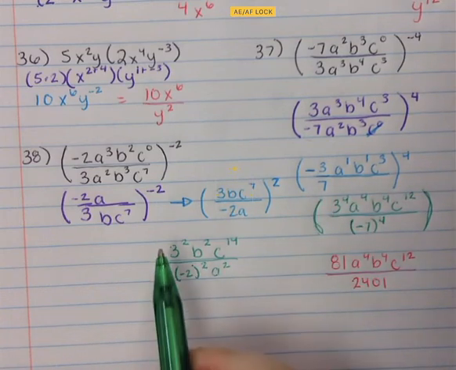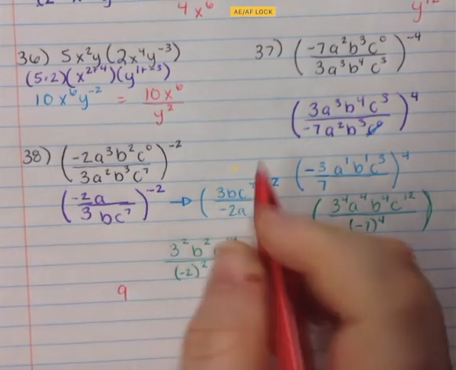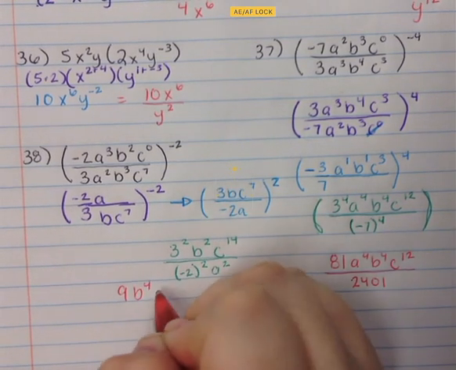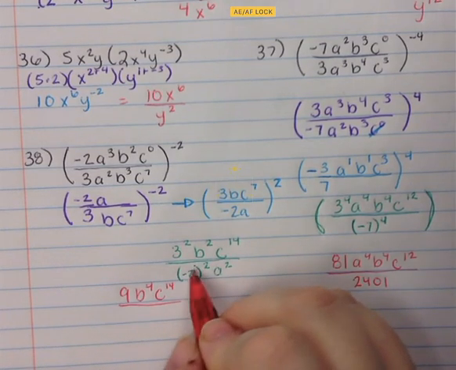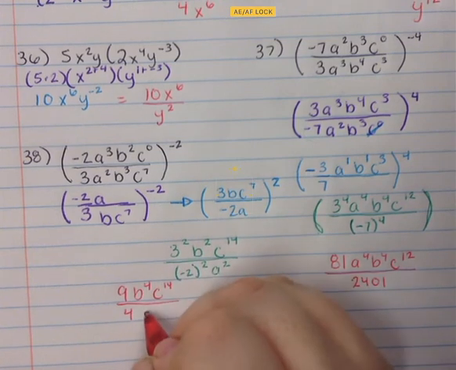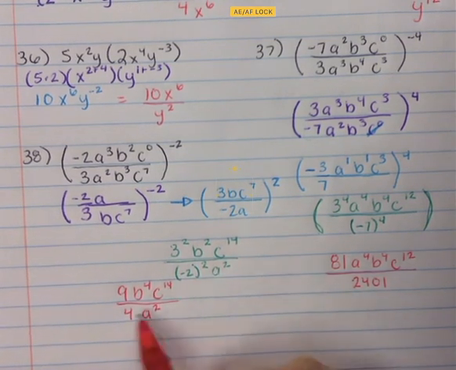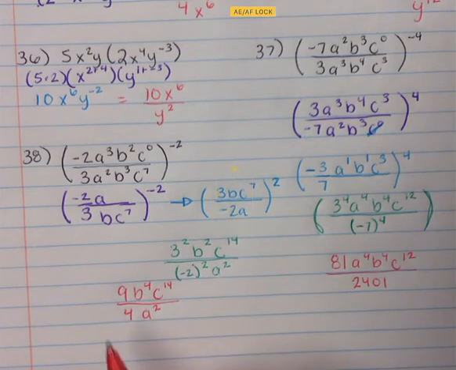So 3 squared is 9. B squared, c to the 14th, all over negative 2, all of negative 2 squared is a positive 4, and then we have a to the second. We have one letter A, one letter B, one letter C, and our number is simplified as much as possible. So this is our answer.